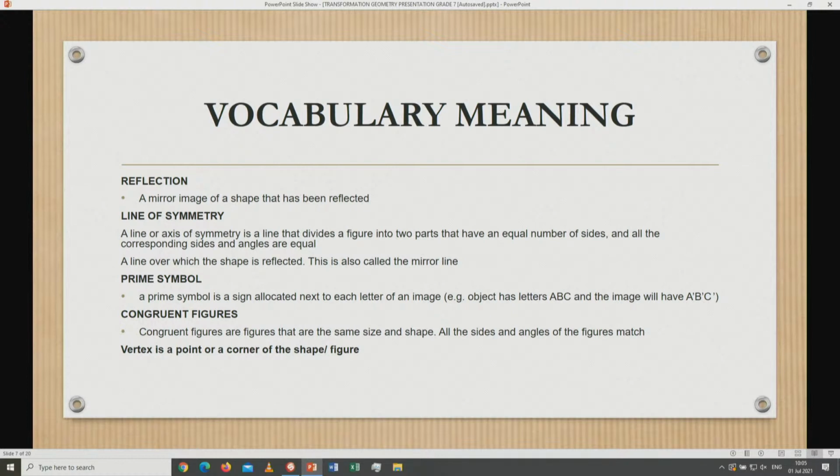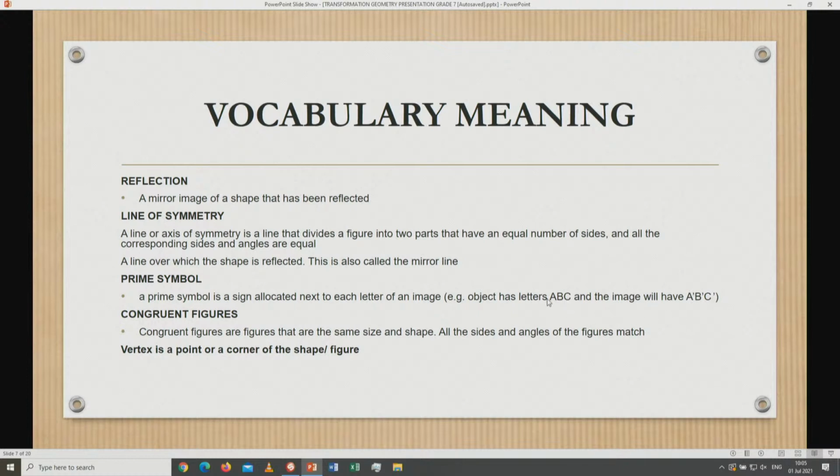Prime symbol. A prime symbol is a sign placed next to each letter of an image, not of the object or original shape. For example, if the object has letters A, B, C, the image will have letters A prime, B prime, and C prime. Those markings just on top mean that this is the transformed part of a figure.